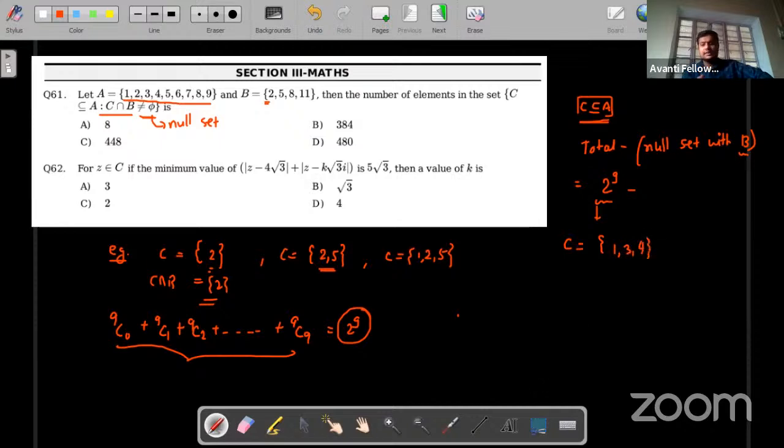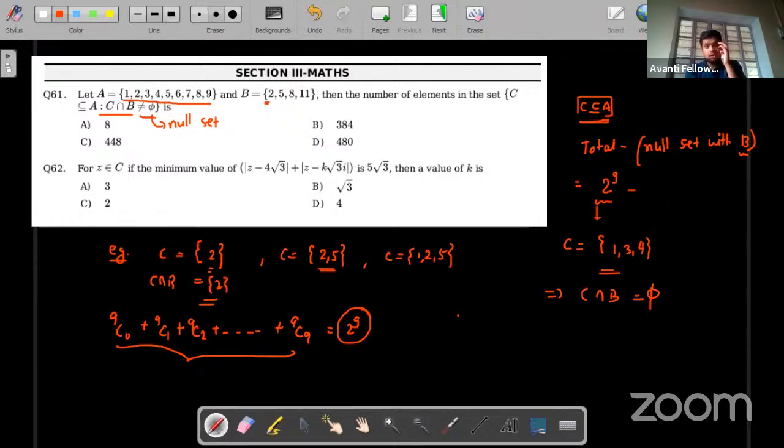I have taken only 3 elements from 9 elements, so this could be one of my subsets. Now if you try to take the intersection with B, you can see there is no element common. That means C intersection B is a null set, which we want.